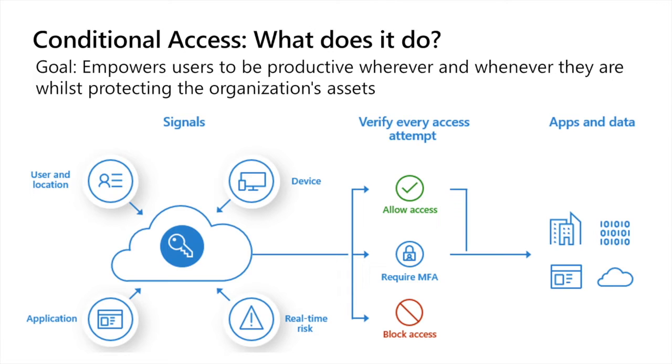And it looks at the real-time risks. It basically takes that risk level that we've just looked at and says, is this a risky user? It will verify every single access attempt. There is no way around it. It's very clever. It looks at the apps and then determines whether that user gets in.